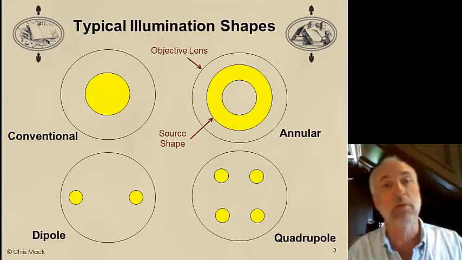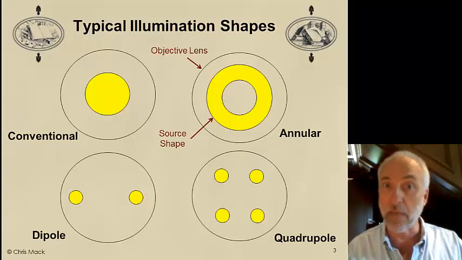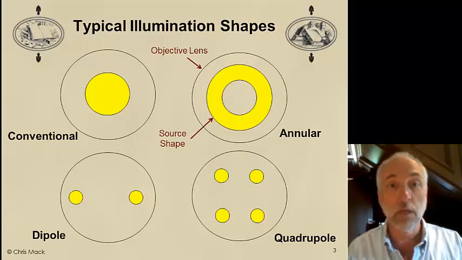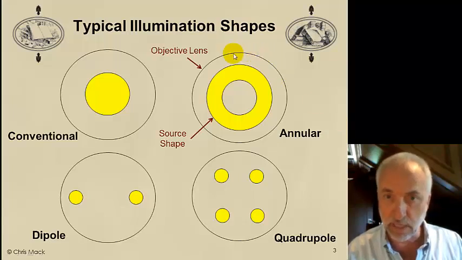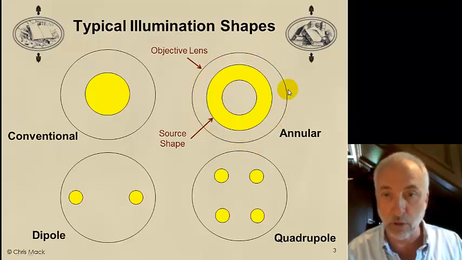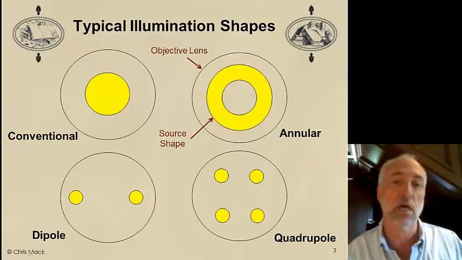We've seen a little bit about off-axis illumination in the past when we talked about how we illuminate a mask in a previous lecture. We have here diagrams of the different types of illumination shapes. The outer black circle represents the objective lens aperture or opening, and the source shape is shown relative to that objective lens size.